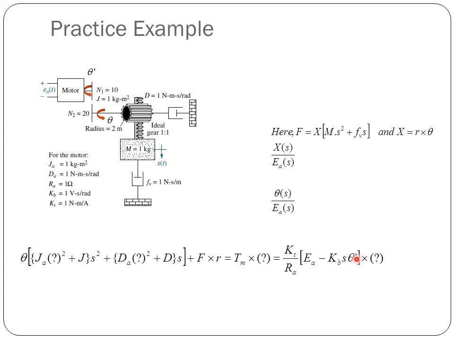But before that you need to convert theta dash into theta, and if necessary theta into x, or you can also convert the equation in terms of theta if we convert the x inside the F into theta. So the final transfer function can be x by EA or theta by EA.